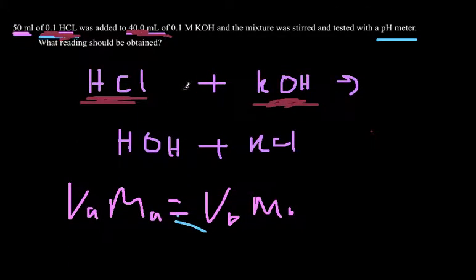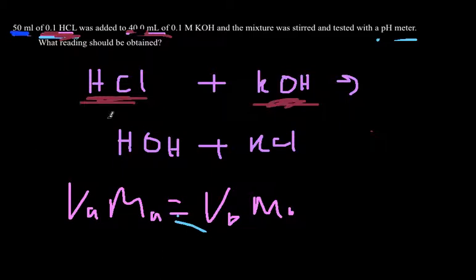So what we need to do is find the pH. Now, just looking at this, you might say OH and H neutralize. But no, there's a different number of milliliters of this, so they're not all going to neutralize. There's going to be some leftover HCl.